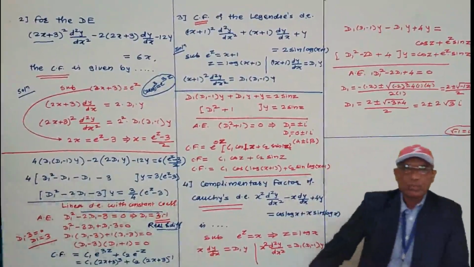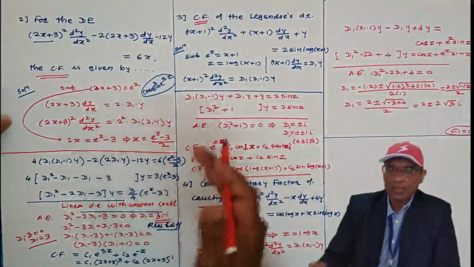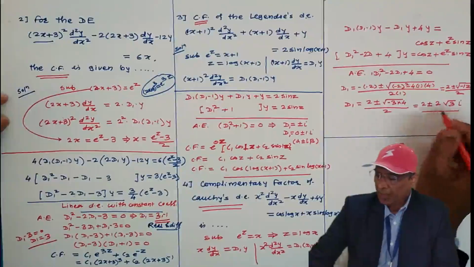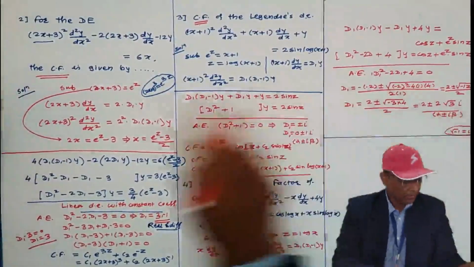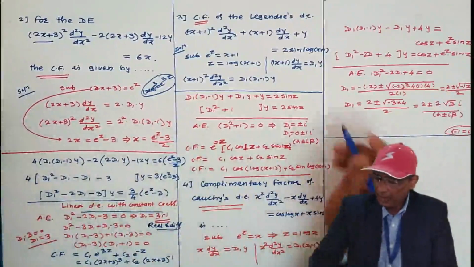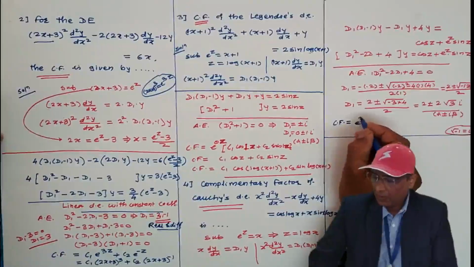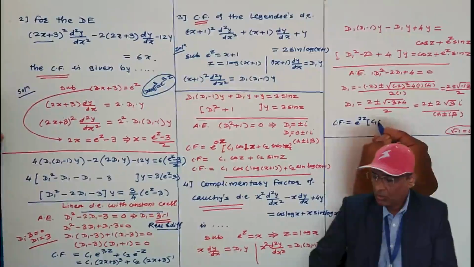When we solved linear differential equations with constant coefficients, sufficient practice we have done on this. Now these roots are imaginary and different, of the type alpha plus minus i beta. Therefore, the complementary factor is e power 2z, c1 cos of beta.